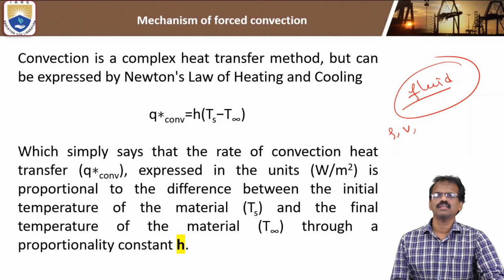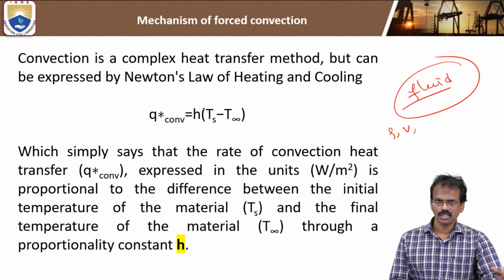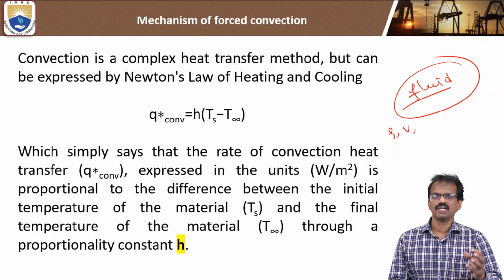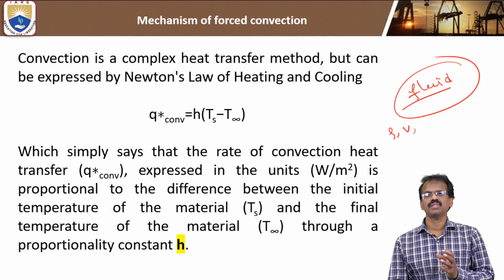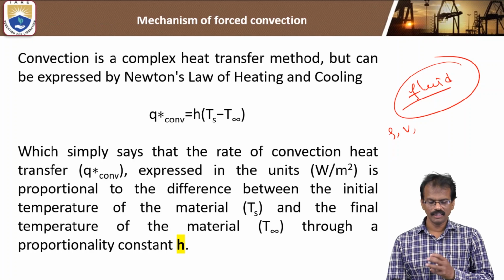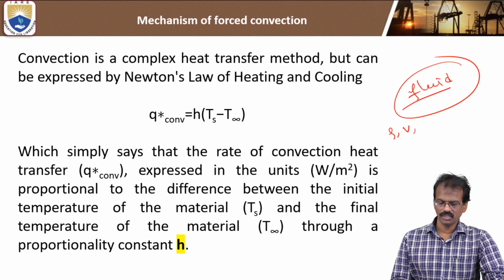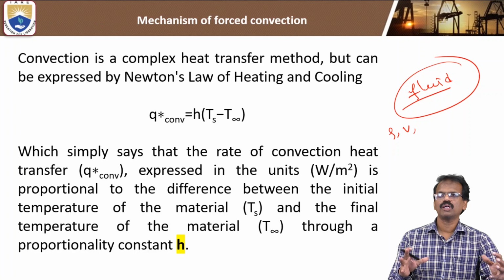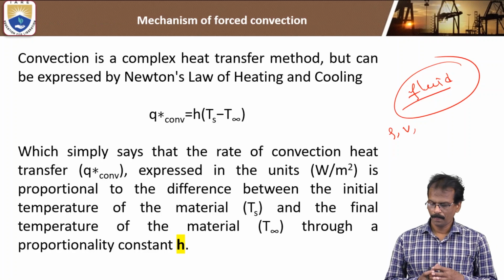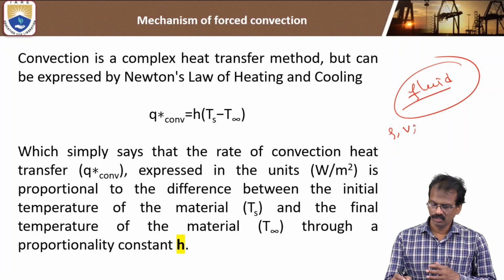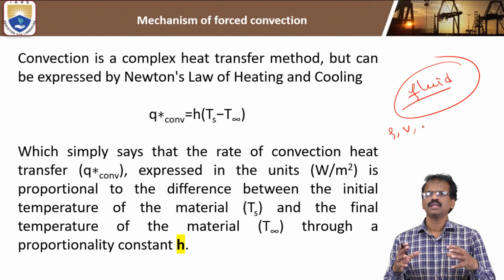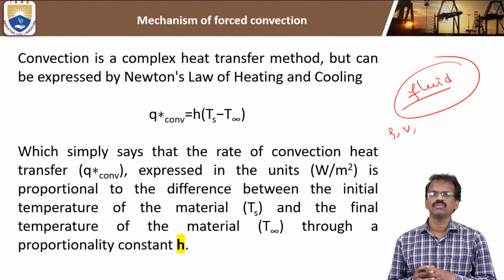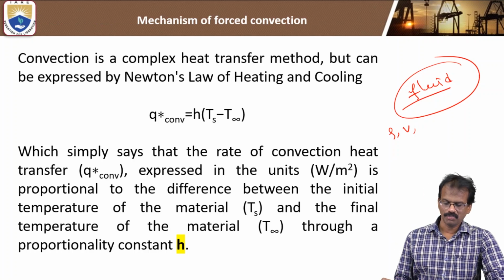Many parameters are there. To study the effect of each parameter on conduction and convection is a very critical thing. So for this, we have to convert these parameters, these properties, into some dimensionless numbers. We'll see what those dimensionless numbers are.